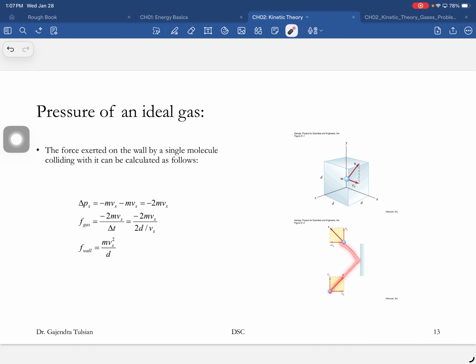You can see that when it's bouncing off, only the x component of the velocity changes, so only the x component of the momentum changes. The y component of the momentum is constant.